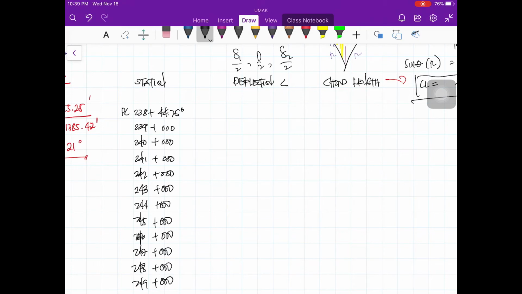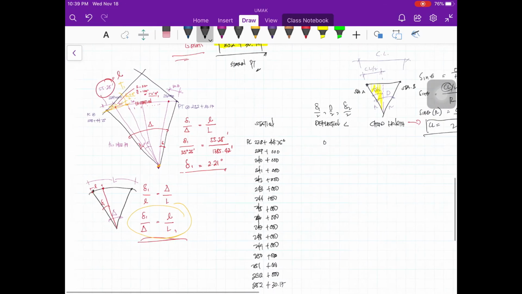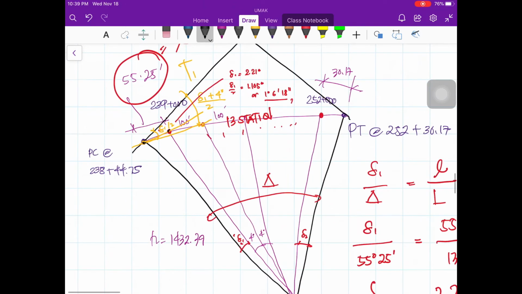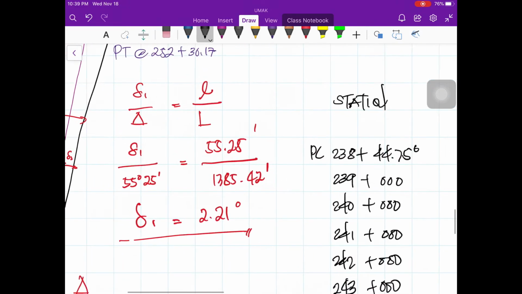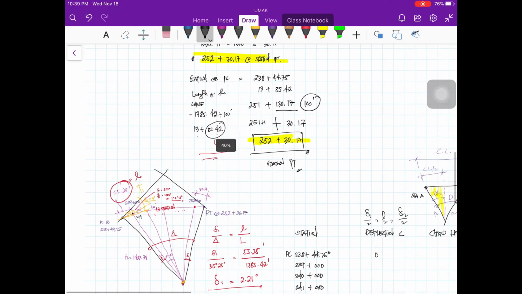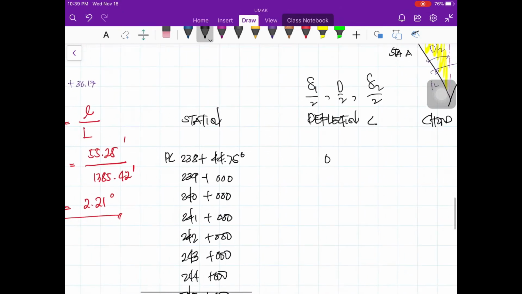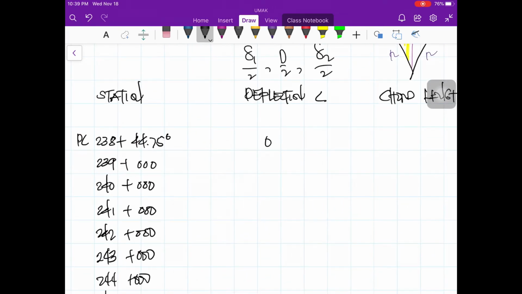What is our deflection angle? The deflection angle from the very start should be 0. From PC to station 239 plus 00, that is gamma 1 over 2, which is 1 degree, 6 minutes and 18 seconds.